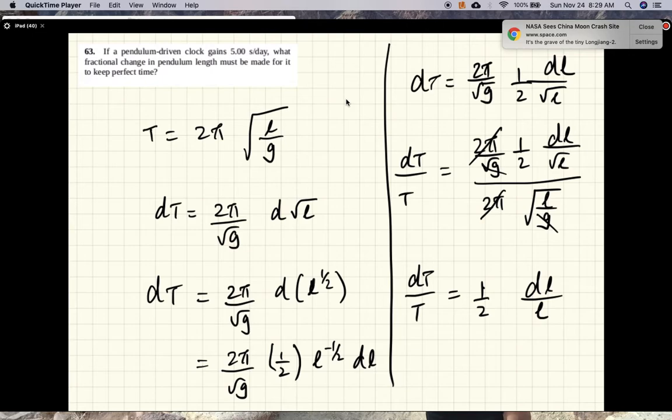All right, so let's add a page below. dL by L equals 2 times dT by T. Since you want to decrease it by the 5 seconds a day, you have to decrease the length of the pendulum.